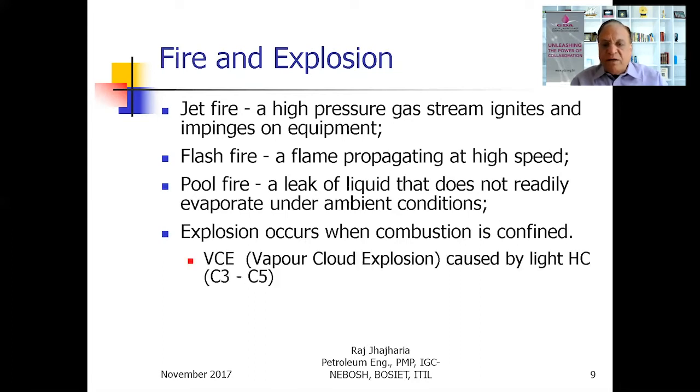So the worst form of explosion is known as vapor cloud explosion. And this vapor cloud explosion is basically made out of light gases or light hydrocarbons, from C3 to C5. If you remember, C1 is methane, C2 is ethane, C3 is propane, then butane and pentane. So we are talking about propane, butane and pentane. These are still in gaseous form, or they can easily get into gaseous form even if they are in the liquid form.